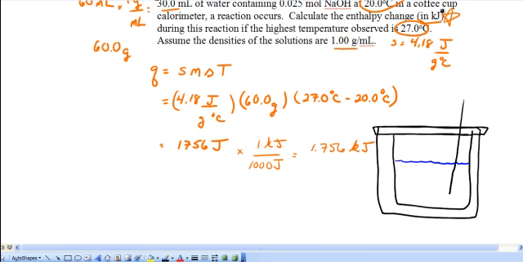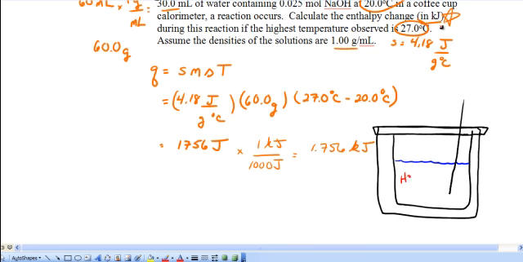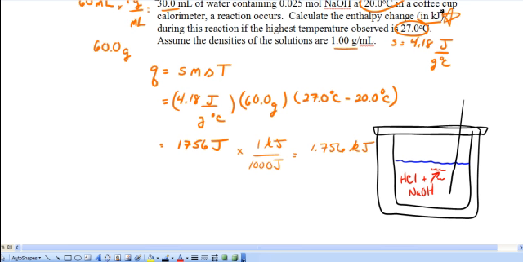But what ends up happening is the HCl and the NaOH react. When that does, that releases heat into the water, and so what you've got is this temperature probe, the thermometer, that's picking up the heat.